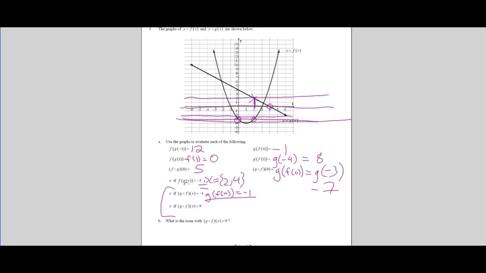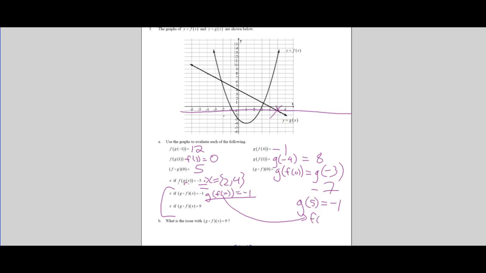Okay, so g of what gives me negative 1? Well, first clean off all the junk. Okay, so g of 5, which means now, going here, I need f of x to be 5.